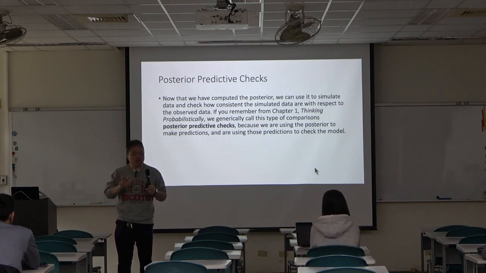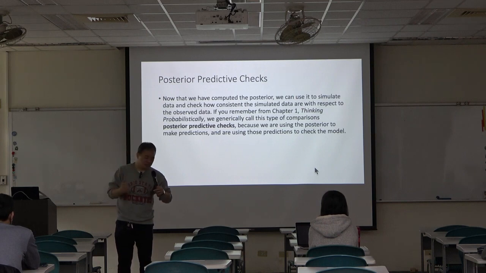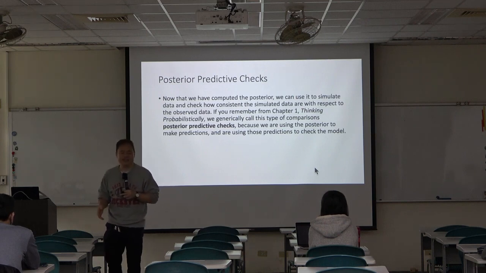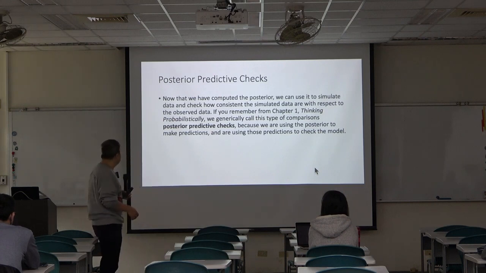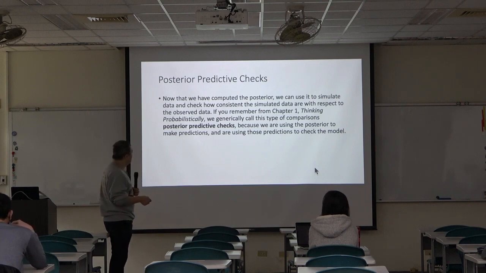Because we have a likelihood, from the likelihood we are able to generate data. It looks like a prediction. That's why the whole thing is called the posterior predictive check.